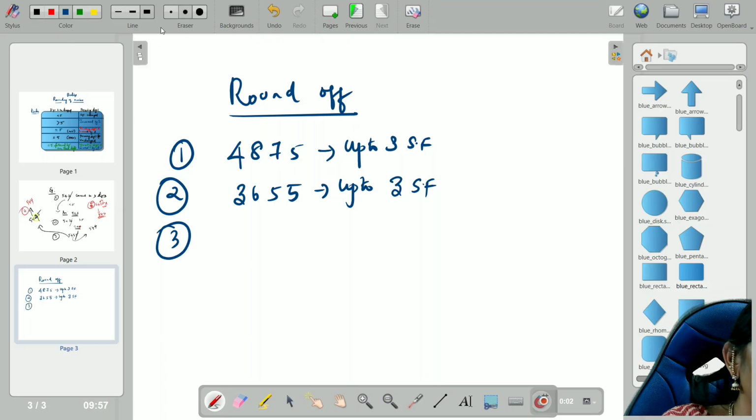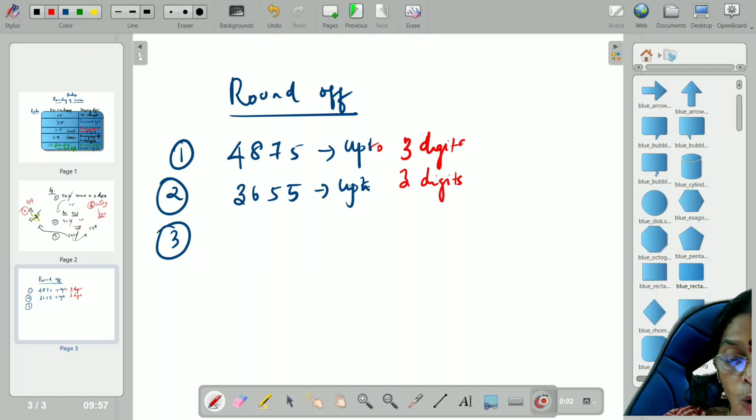I mean up to 3 digits, so let me erase it and write. Similarly here, up to 3 digits. So round off up to 3 digits. And number 3: 29655 up to 2 digits.